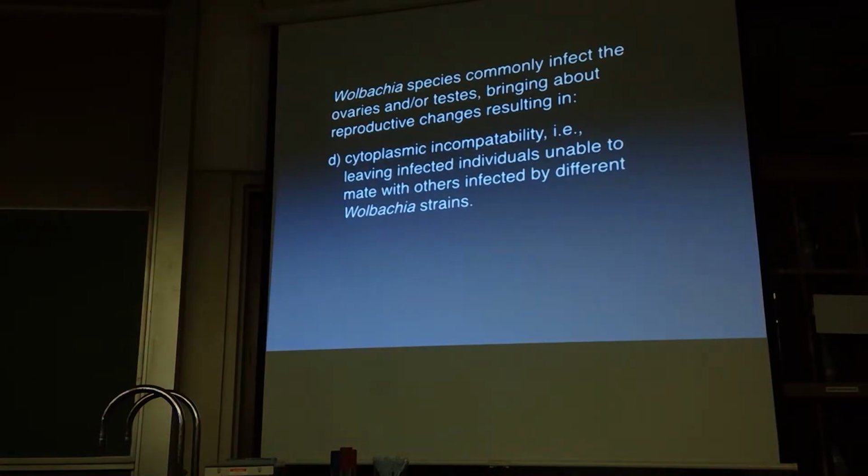Or they can cause cytoplasmic incompatibility. So if you have one member of a species that is infected with one strain of Wolbachia, they can't mate with a different organism that's in the same species but has a different strain of Wolbachia. So it kind of separates populations and can lead to new species being developed.